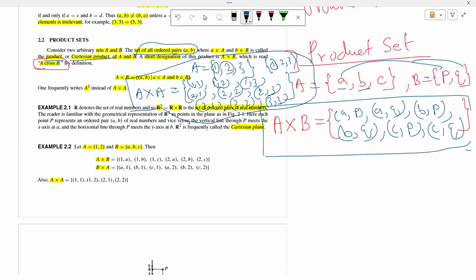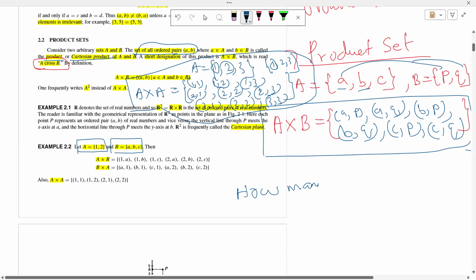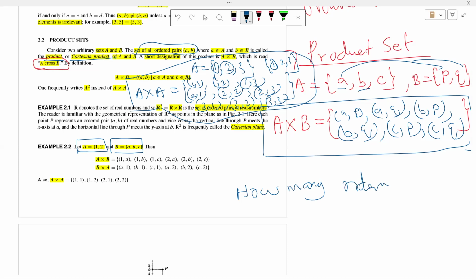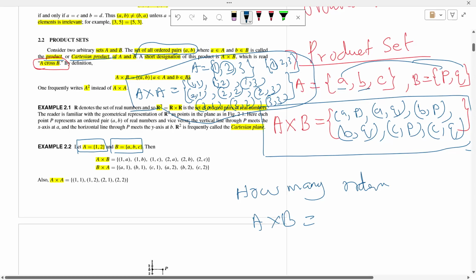Now tell me, there is a set A with 2 elements and a set B with 3 elements. I need to find out how many ordered pairs there are for A cross B. How can we find out?